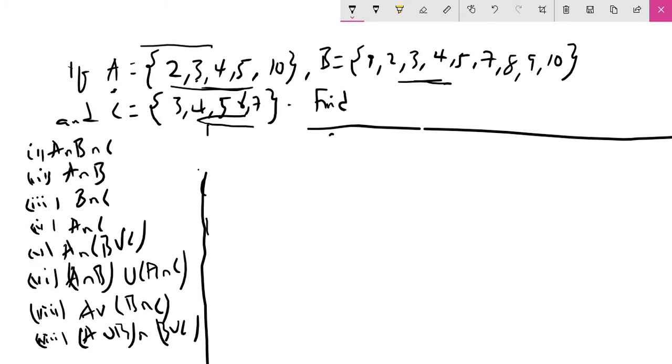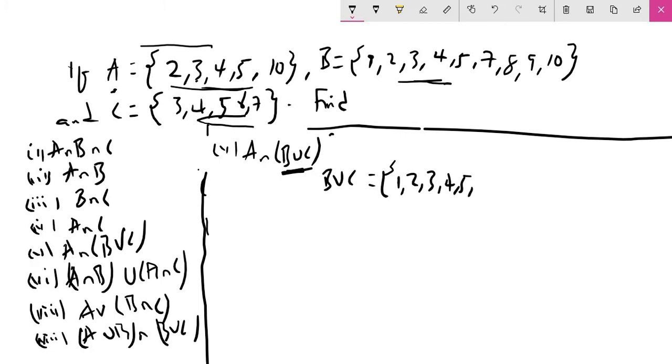So we have to find A intersection B union C. First, we find B union C. What is in the bracket? That is, so combining sets B and C, we have 1, 2, 3, 4, 5, 6, 7, 8, 9, 10. Alright.